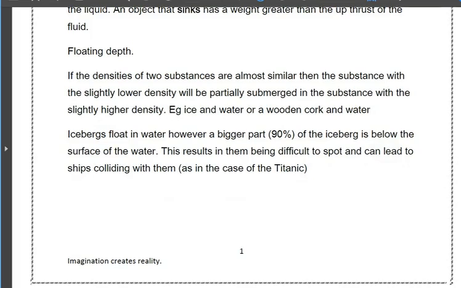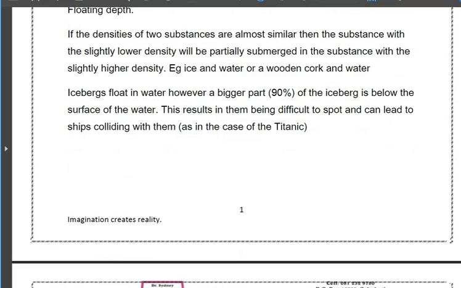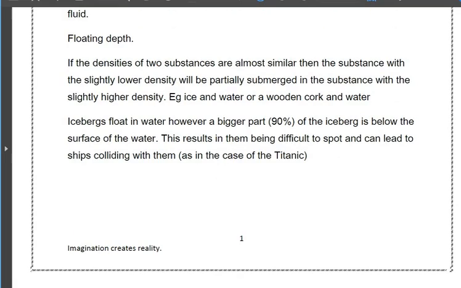Okay? So before we go to that, in the previous lesson, we looked at how substances like glycerin and skimmed milk would float in water, depending on which liquid or substance you were comparing.